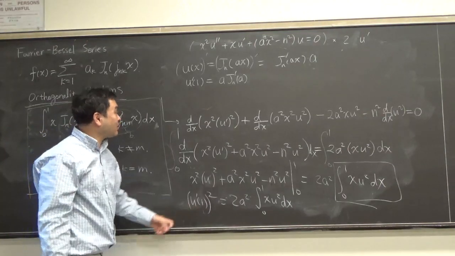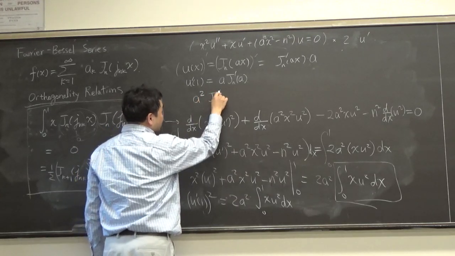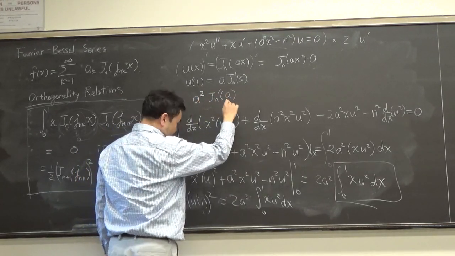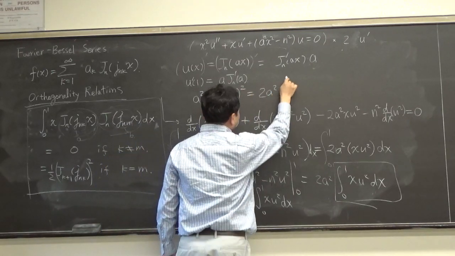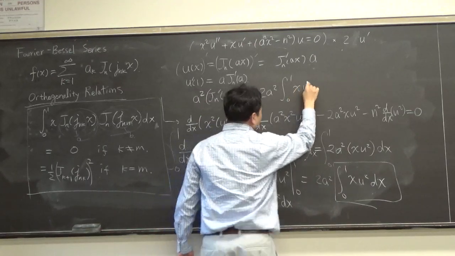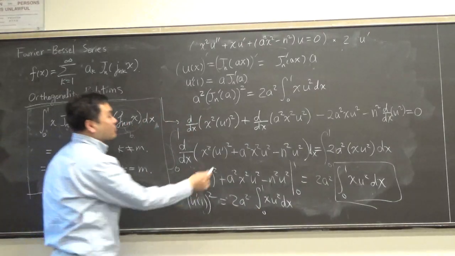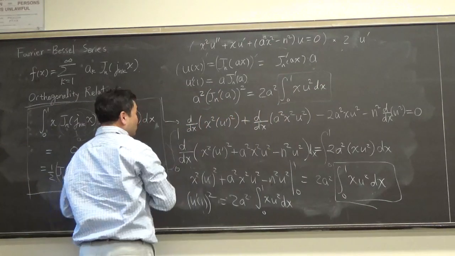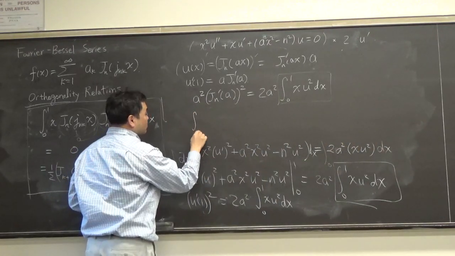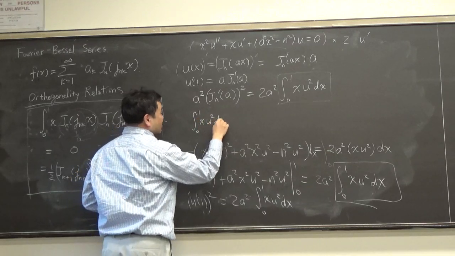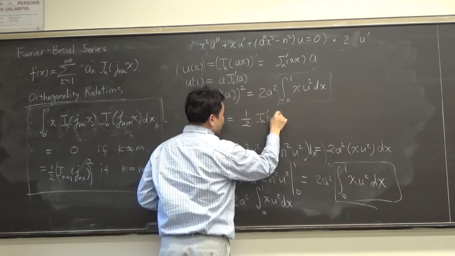So this thing on the left side is really a squared jn prime of a squared, equal to 2a squared, integral from 0 to 1, x u squared dx, the one that we want. So we have to solve for this, which gives you the integral from 0 to 1 of x u squared dx equals 1/2 of jn prime of a squared.